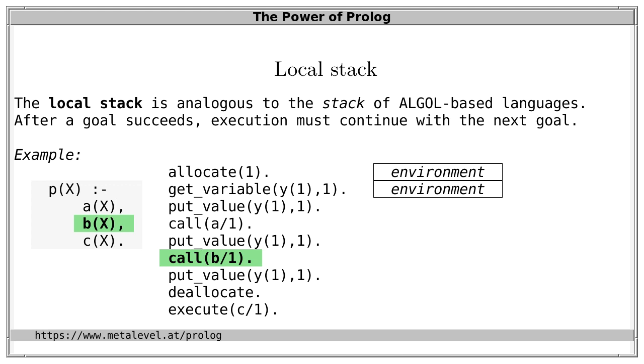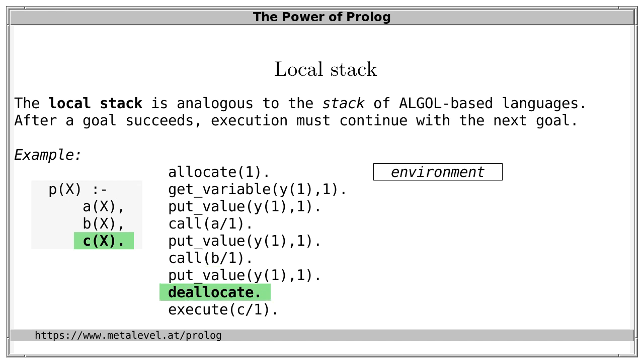And as these goals succeed, the environments are deallocated, B succeeds, and we are back in our original clause again. And so execution proceeds to the next, and in this case last goal, C of x. So again, the argument registers are set up, and that's necessary because, of course, the argument registers could have been modified by the preceding goals or by any predicate that they have invoked.